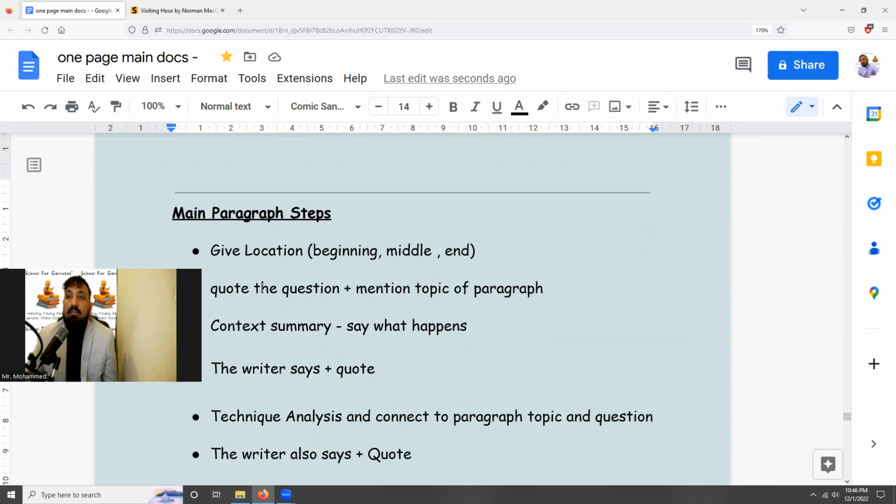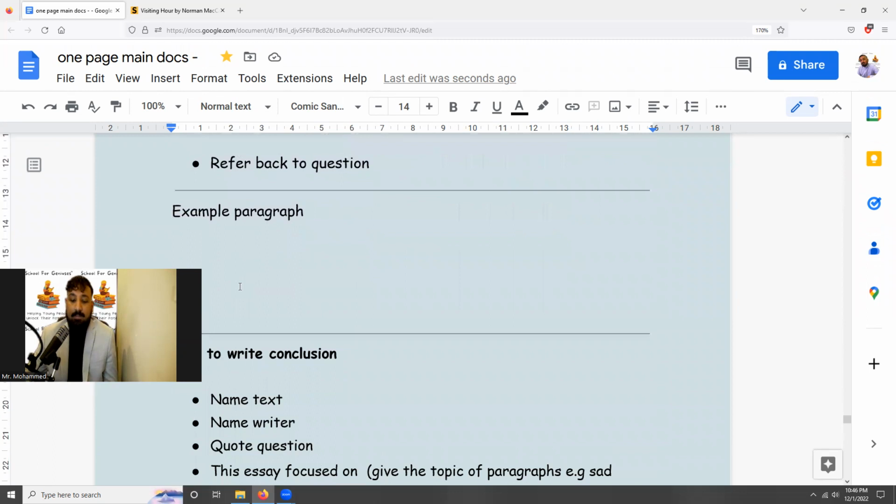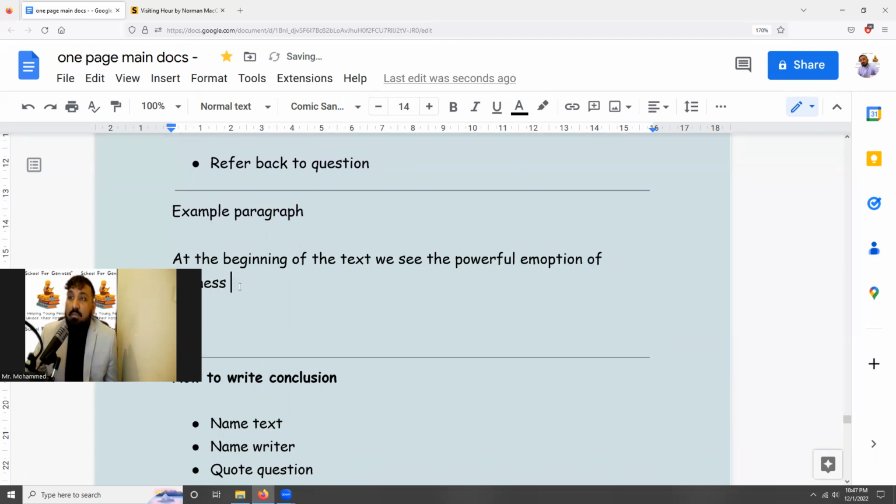So we'll do these three first. Begin, location, quote the question, and context summary. Okay, so location, at the beginning of the text, quote the question, we see the powerful emotion of sadness. There's my focus.